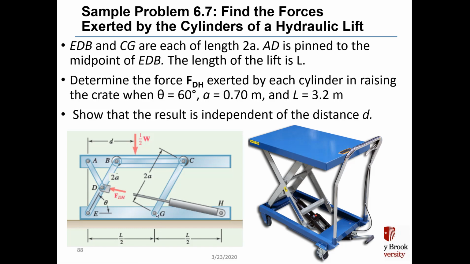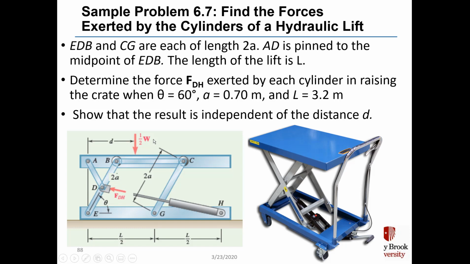We need to determine the force F_DH exerted by each cylinder in raising the crate at the point when angle theta equals 60 degrees, little a equals 0.7 meters, and L equals 3.2 meters. In this problem, the lengths L and a are constant, but the angle theta does vary depending on how far the table is lifted up.